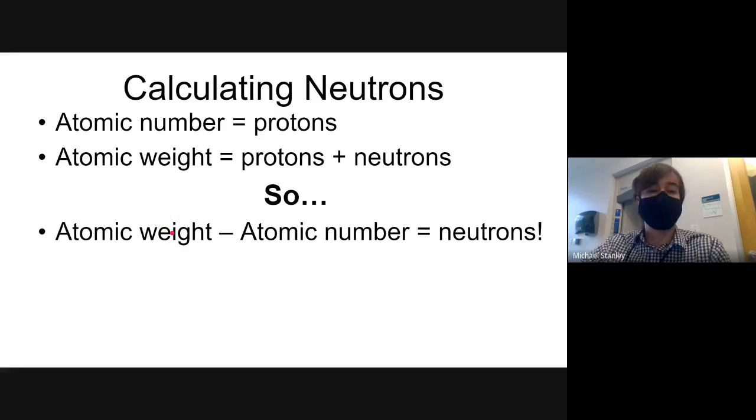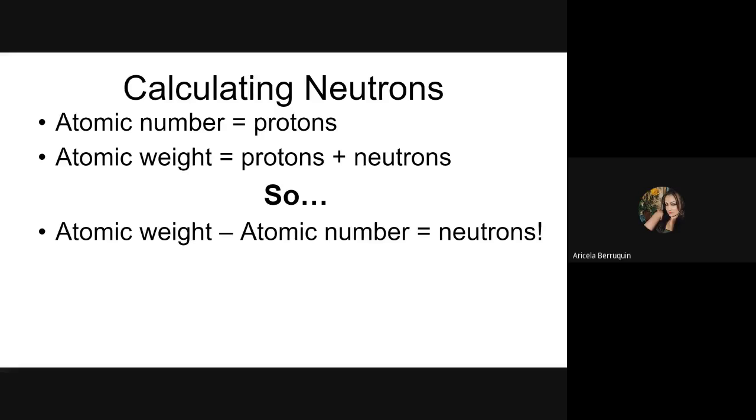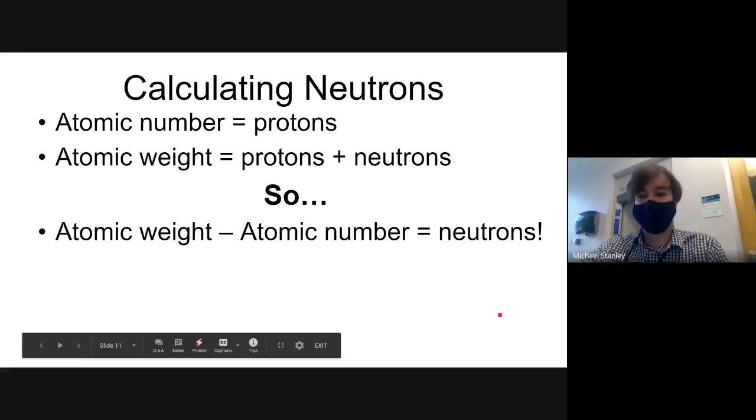Because we have the weight, which is protons and neutrons together. We take away the number of protons, which is the atomic number, and then we're left over with the neutrons, right? If we have protons and neutrons together, if we take away the protons, then we'll just have the neutrons. So we have to subtract the weight and the number to get your neutrons.